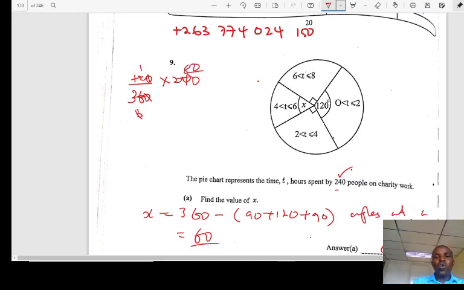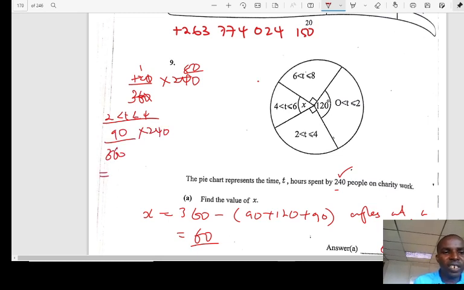Which means on all the other parts, you can just use the angle subtended, right? So let's calculate for the other classes. For example, we can use 2 to 4. For 2 to 4, the angle is 90. So you say 90 over 360 times 240.